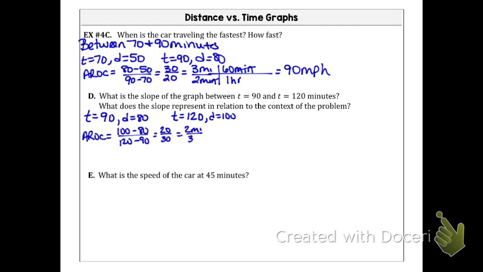So it's 2 miles every 3 minutes. And so I'm going to convert that. So 60 minutes is 1 hour. So that's 40 miles per hour. So it says now what does the slope represent in relation to the context of the problem? That means the slope is the average rate of travel on the interval from 90 to 120 minutes.